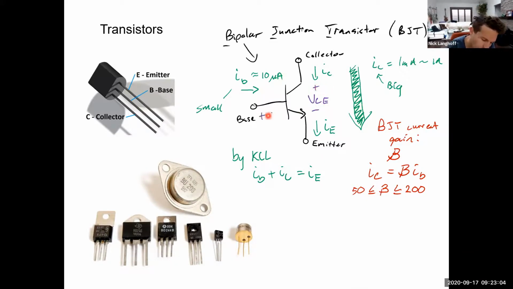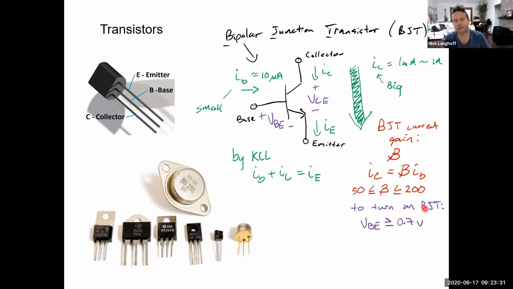We will talk about the base to emitter voltage, VBE, the voltage at the base relative to the voltage at the emitter. To turn on the BJT, you can go much more into this, but essentially you need VBE to be equal to or greater than 0.7 volts.